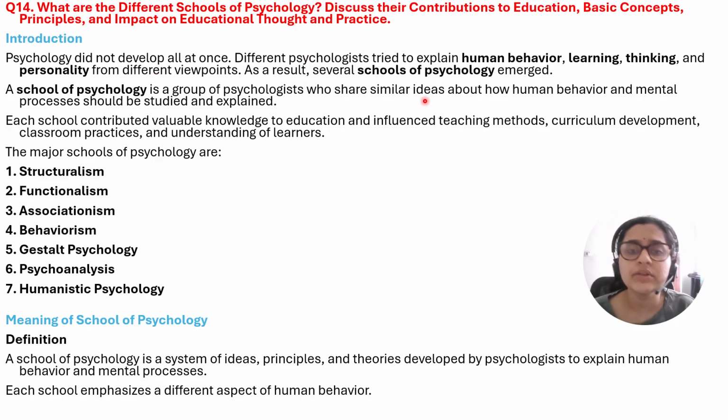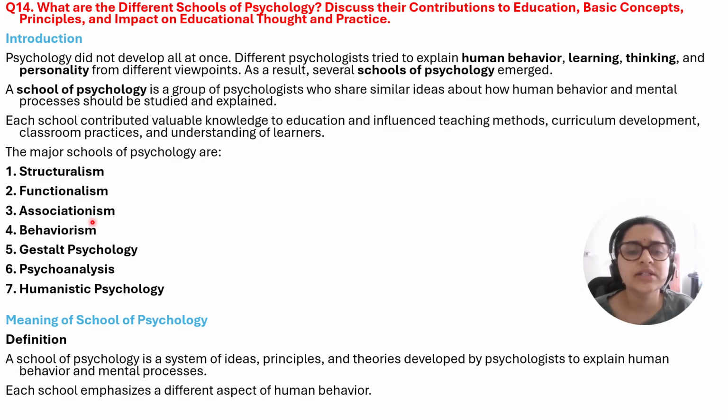As a result, several schools of psychology emerged. What are schools of psychology? It is a group of psychologists who share similar ideas about how human behavior and mental processes should be studied and explained.